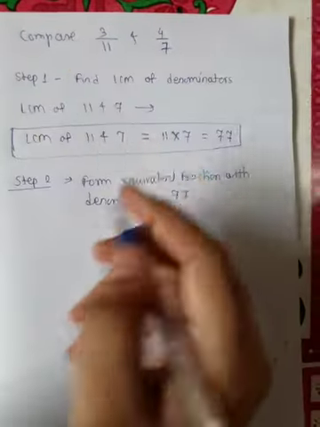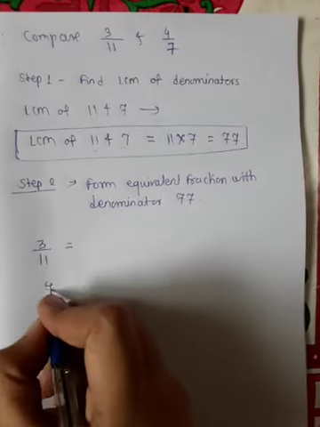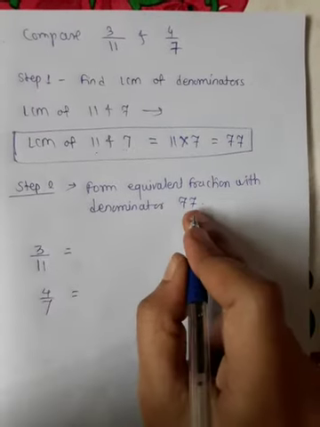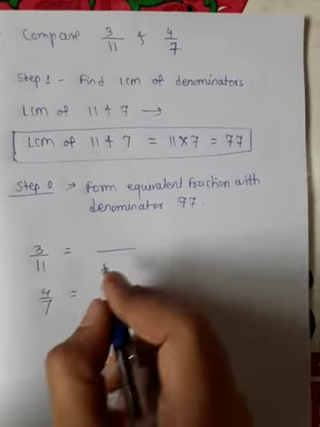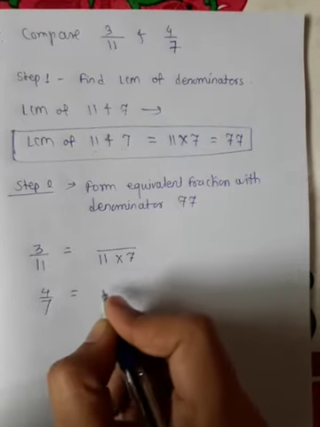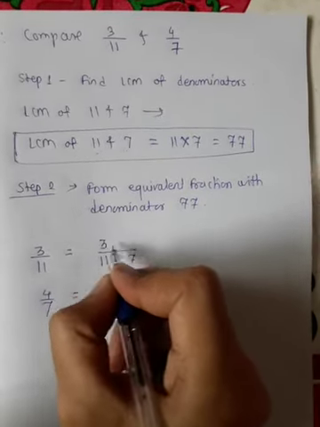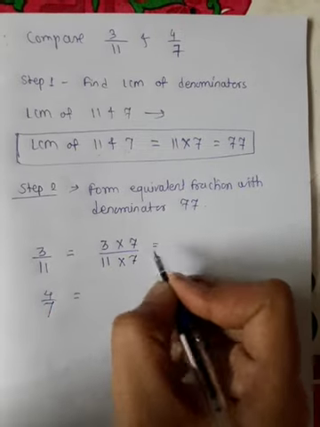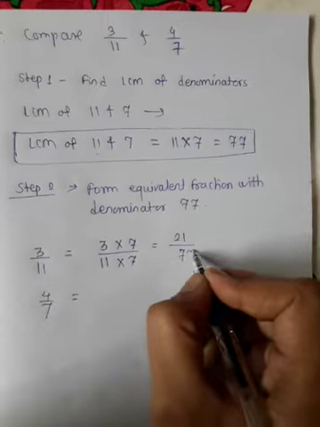Here we have to find the equivalent fraction of 3 by 11 and the equivalent fraction of 4 by 7 with denominator 77. To make the denominator 77, we multiply 11 by 7, and as we multiply the denominator by 7, we must multiply the numerator by 7. What we get is 21 divided by 77.